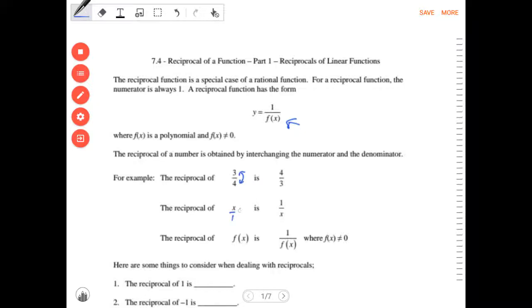When you flip those, the reciprocal becomes 1 over x. Likewise, if we have some function f of x, the reciprocal of that is just 1 over f of x. Now remember, f of x can't equal 0. Here, we should have written that x cannot equal 0 either.